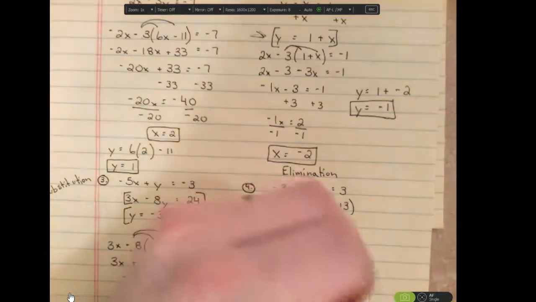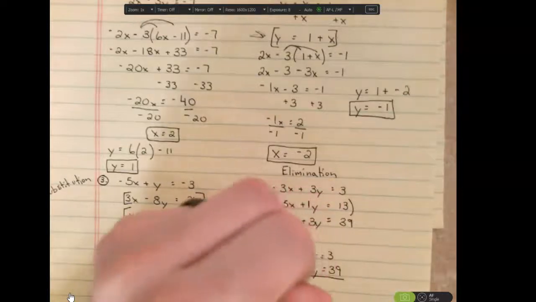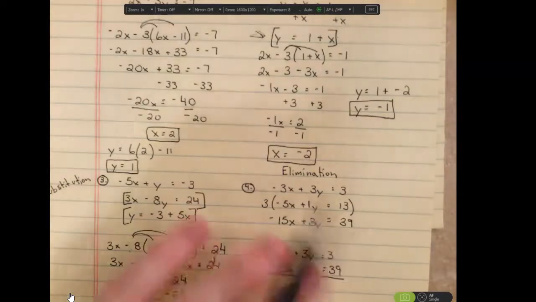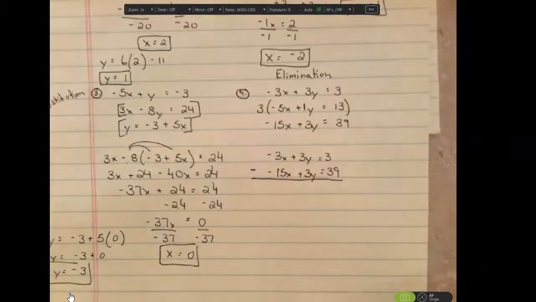Now remember, with elimination, we're either adding or subtracting one or the other. How can I make 3 and a 3 turn into 0? I can subtract them. So I'm going to subtract these 2 equations.